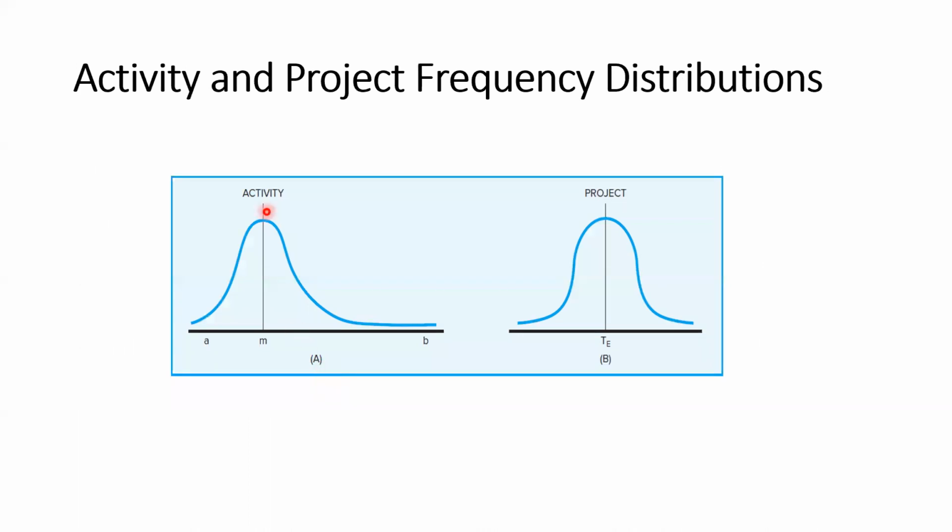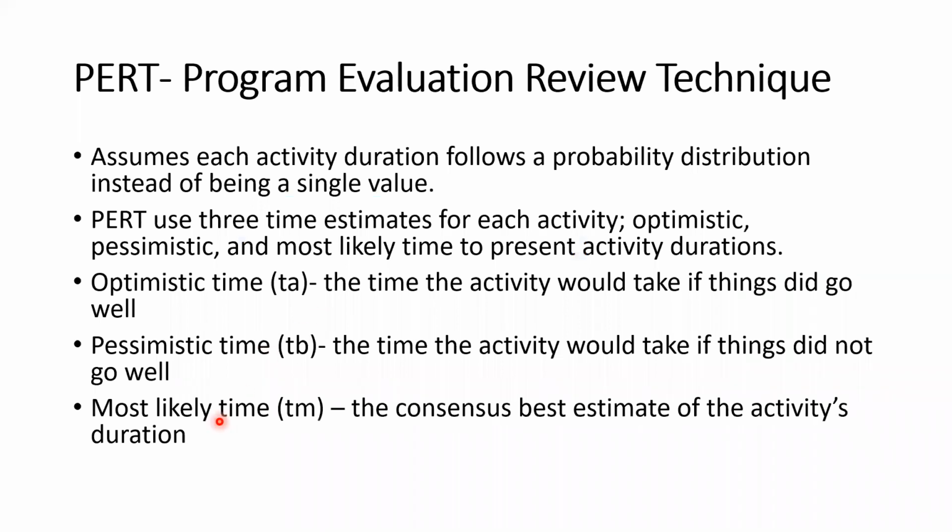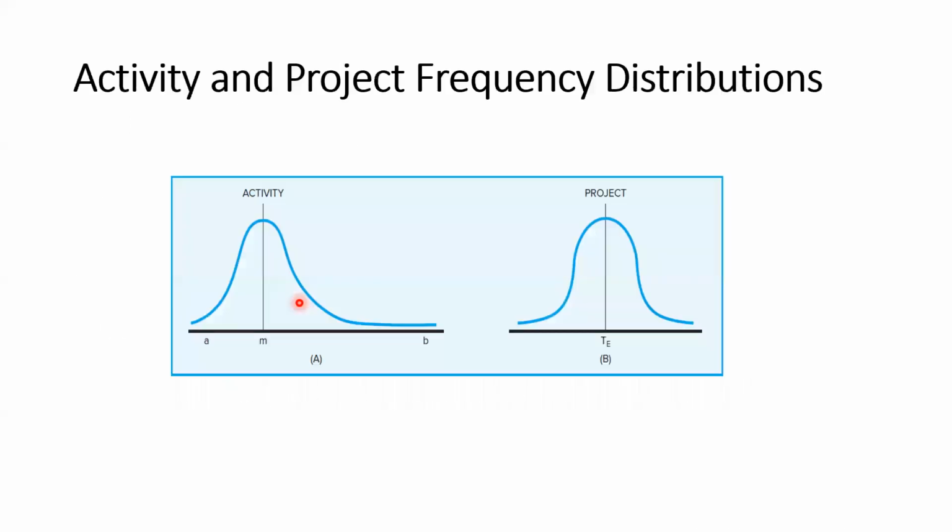So, activity and project frequency distribution. When I'm discussing the example with you, you can understand this. For one particular activity, you can get a middle time or most likely time, as well as a pessimistic time and an optimistic time. If we assume that all the things are going well and we will meet all the deadlines, we get an optimistic time.